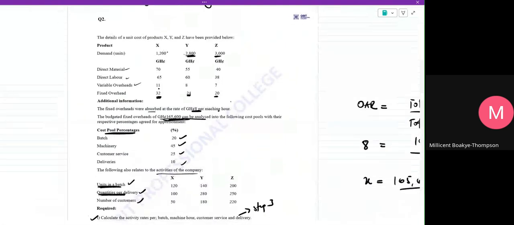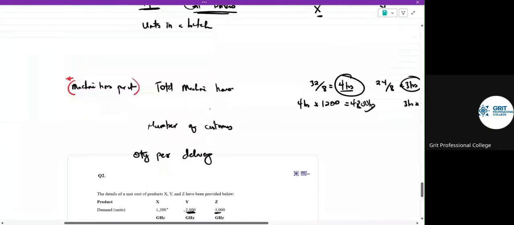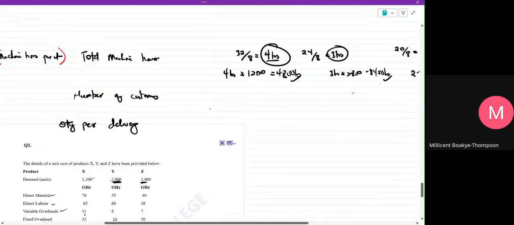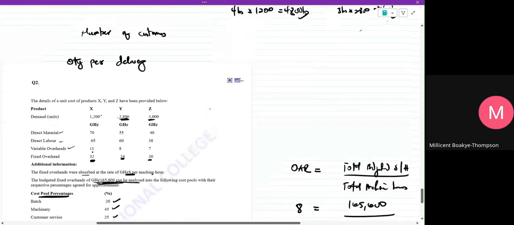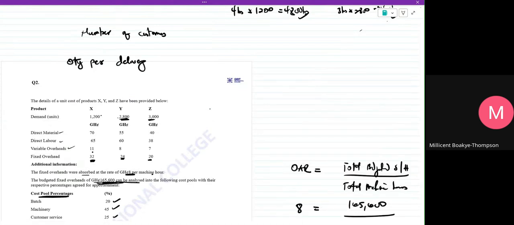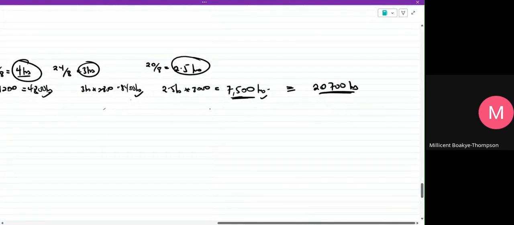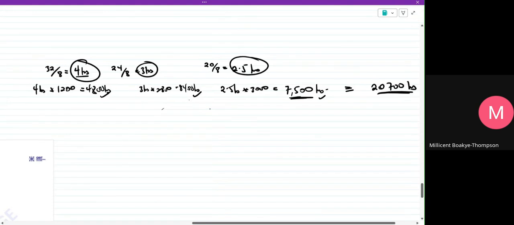Why are we doing that? And then secondly, the OER formula. Why can't we allocate it to each of the products using the total, the 20,700? Maybe there should be a way, because that is much simpler. I'm a bit confused about this particular one.